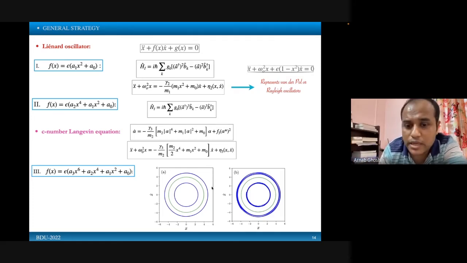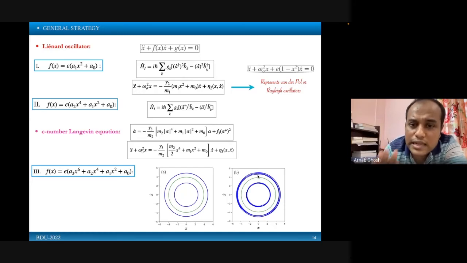So in this case you have three limit cycles, two are stable, and you can again see that the presence of noise makes the limit cycle fuzzy. So we have also checked that this works even for multiple limit cycles.